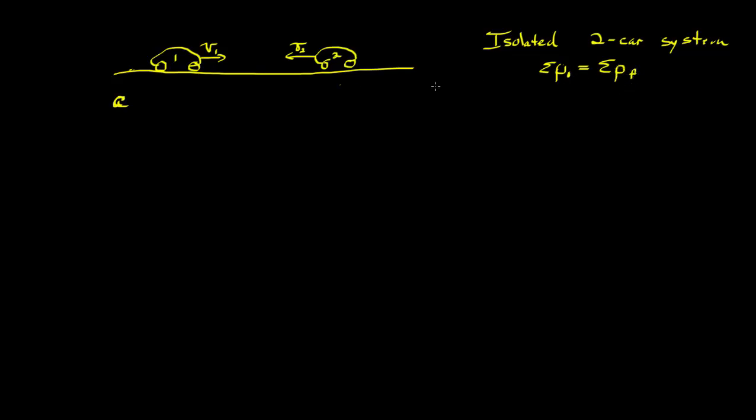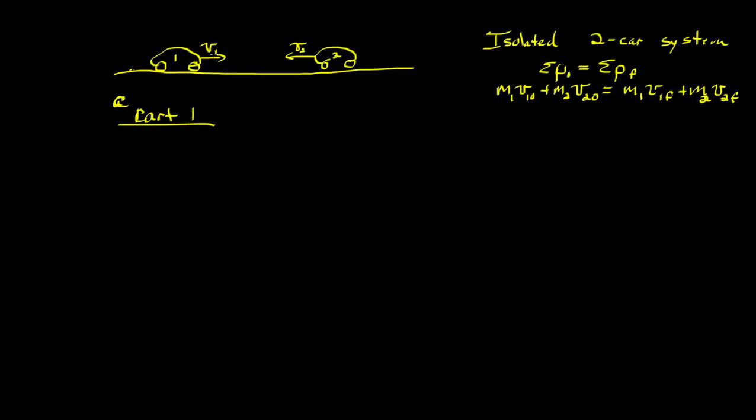And I'll expand this out. The initial, for this situation, would be m1 v1 initial plus m2 v2 initial is equal to m1 v1 final plus m2 v2 final. These are all the momentums here. So we know it's conserved. Okay, but now we're going to look at just one cart. So cart 1.